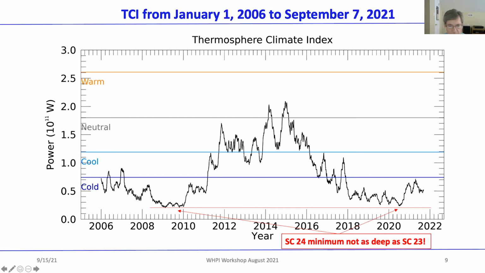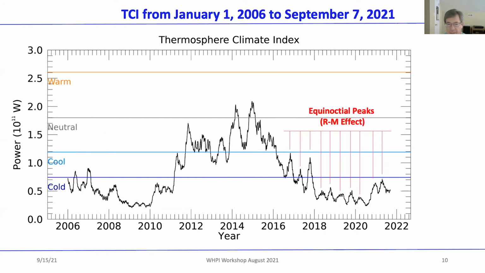It didn't get as cold as it did in 2008. It got pretty close, but it didn't get all the way down to that level. So that's one difference that we see here. And someone mentioned earlier, F10.7 was a bit higher in cycle 24 than in 23. And that's probably the reason we didn't get down as cold in 2019 and 2020, because of the extra energy from the sun that was coming in.